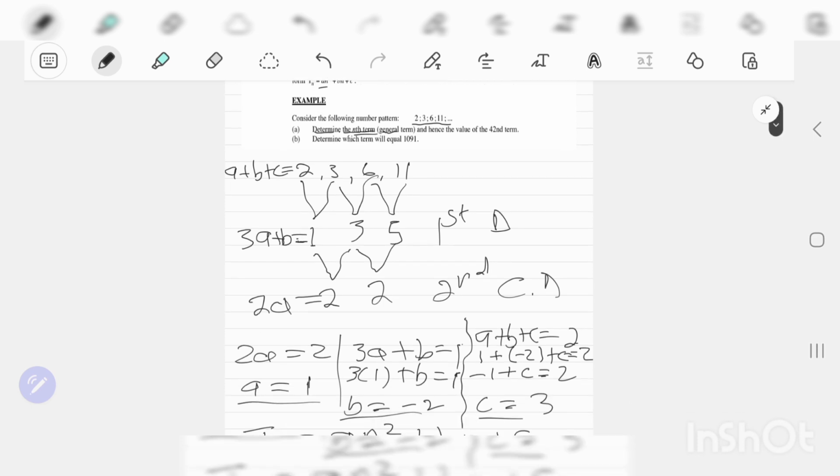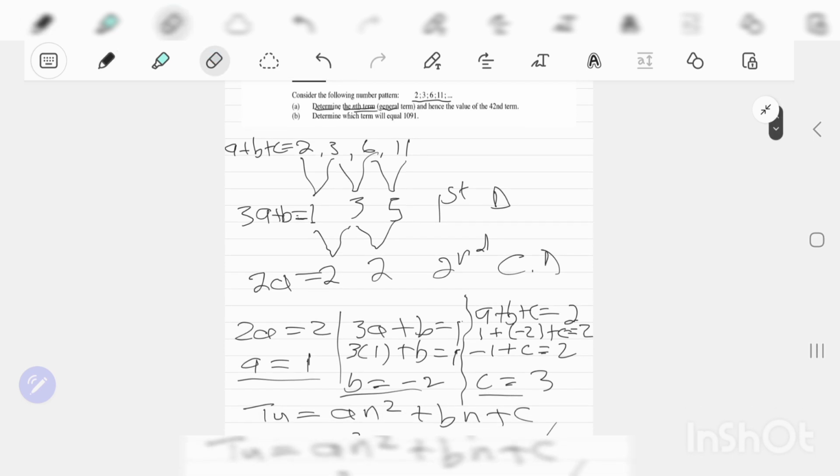Remember, people, we managed to get the general term, and please, the way we managed to find values A, B, and C: value A, it's always like that, 2A is equal to the constant difference. In this case, it was 2.